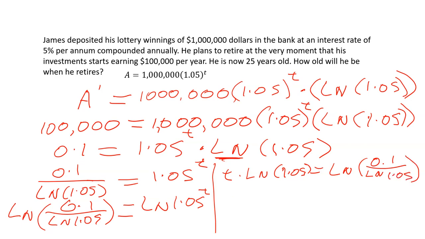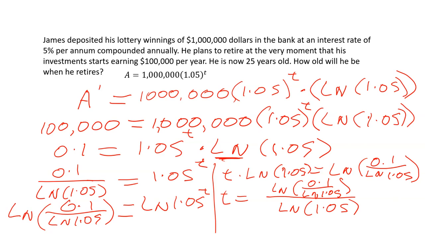And obviously we can divide both sides now by the ln of 1.05. So here's my final calculation: t is equal to the ln of this fraction, 0.1 over the ln of 1.05, over the ln of 1.05.